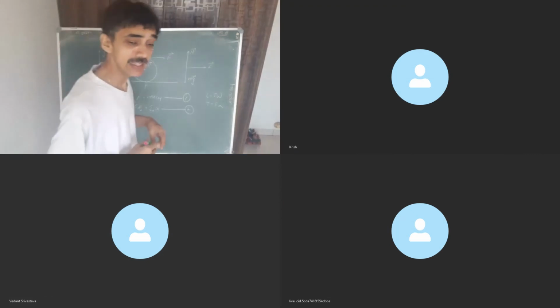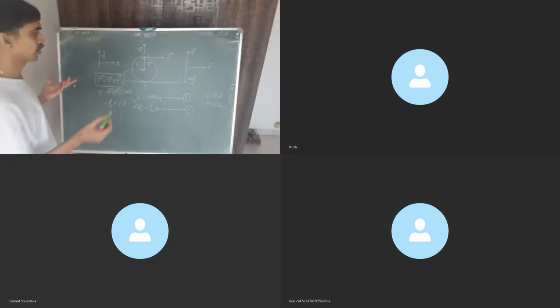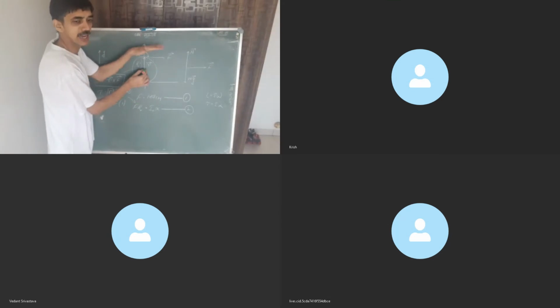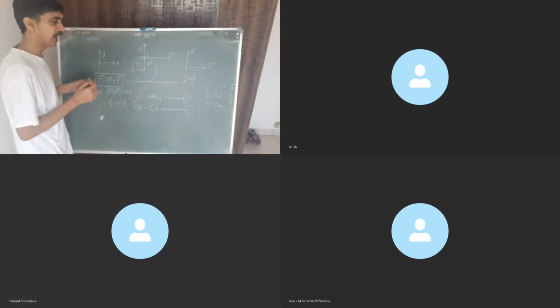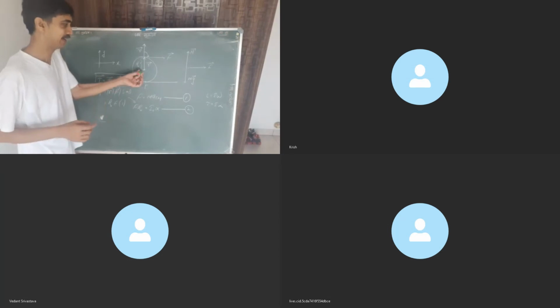So can I say that it is a case of rigid body rotation about a fixed axis? Yes, sir. That's what I am taking. So this is the axis to me, and the body is rotating about a fixed axis. Correct? Yes, sir. So it's a rigid body rotation about an axis, and this is the axis which I have hinted.